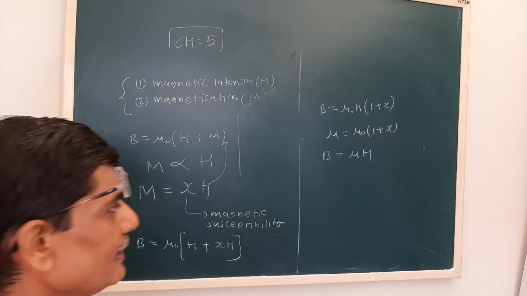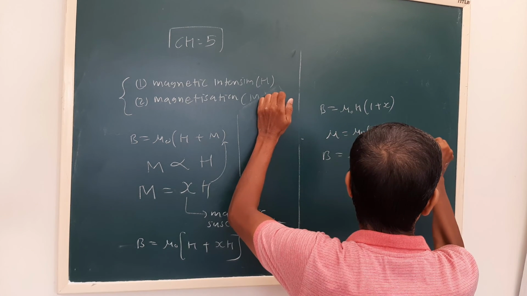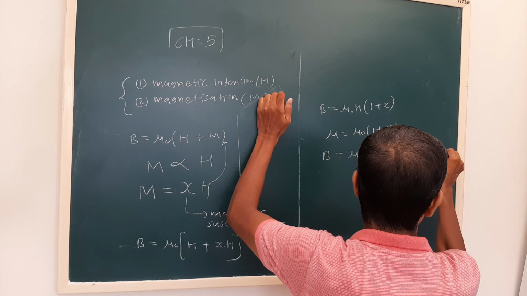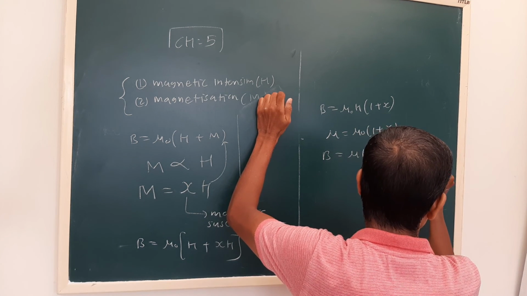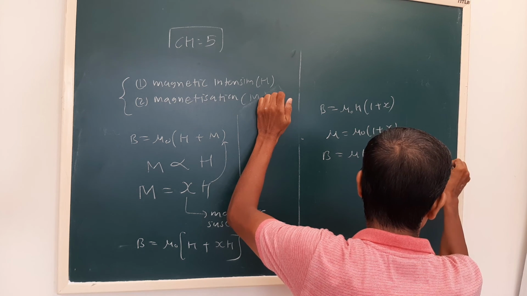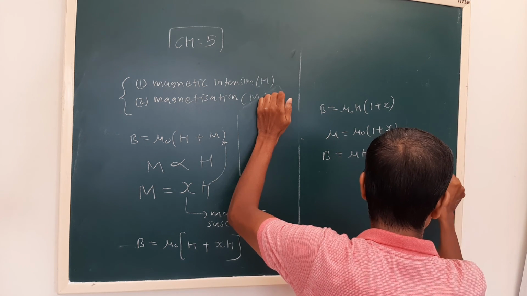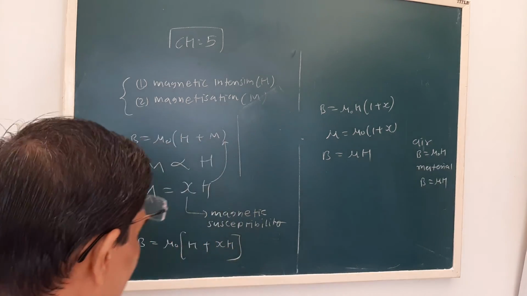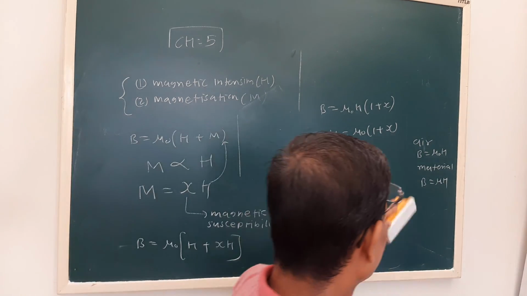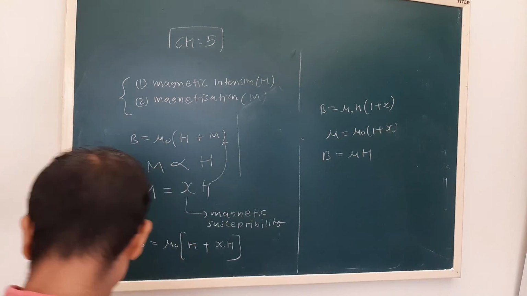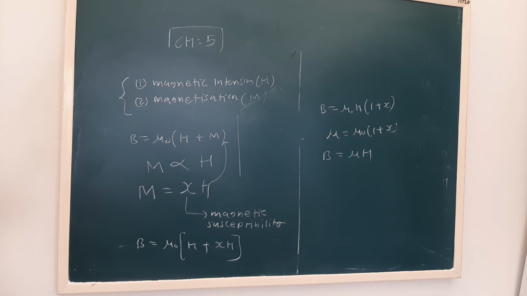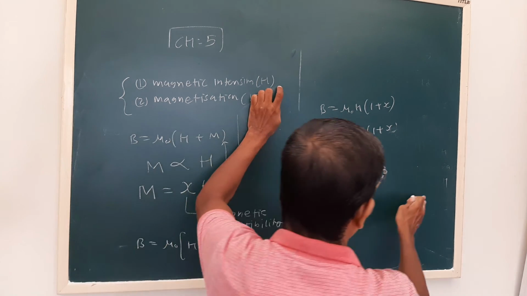Earlier, when air was the medium, we used to write B is equal to mu 0 H. But whenever there is a material placed inside the solenoid, then we have obtained mu H. Here mu r is called the relative permeability, and mu is called the permeability.